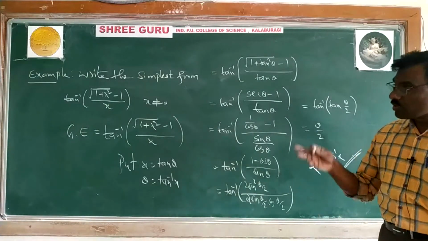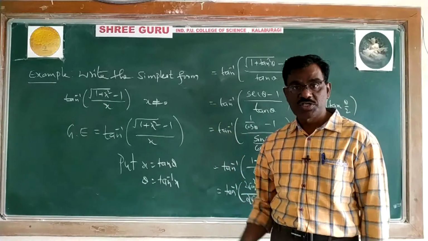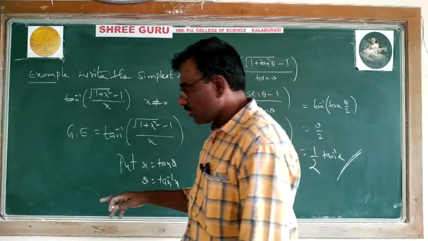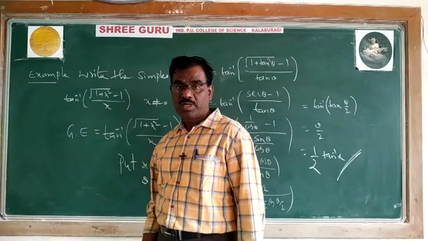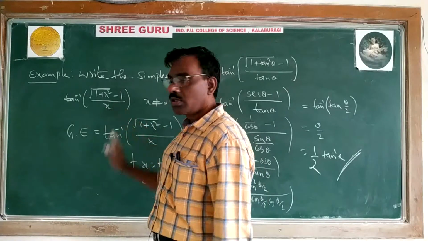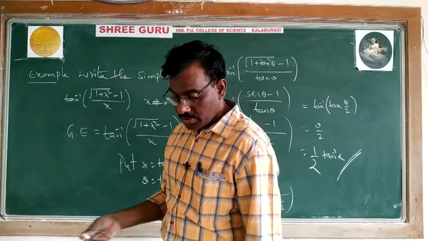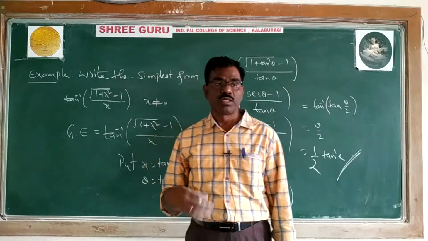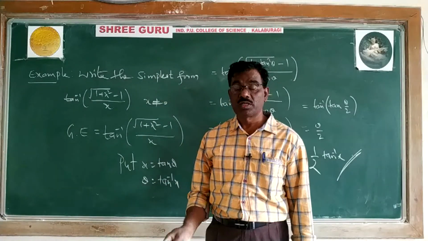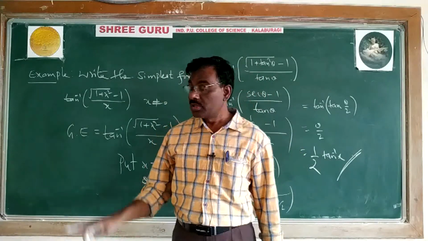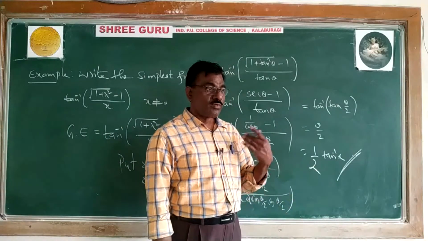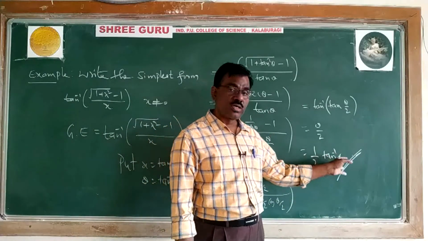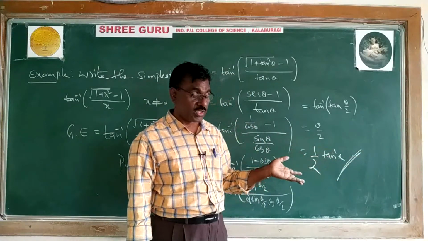Even the same problem can be asked in differentiation: if y equals this, find dy by dx. Directly it will not come, so better to use the method of substitution, differentiation by method of substitution, using inverse trigonometric functions. So differentiating 1 by 2 tan inverse of x, the derivative is 1 by 1 plus x square.